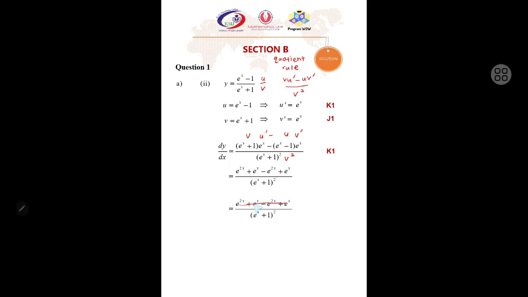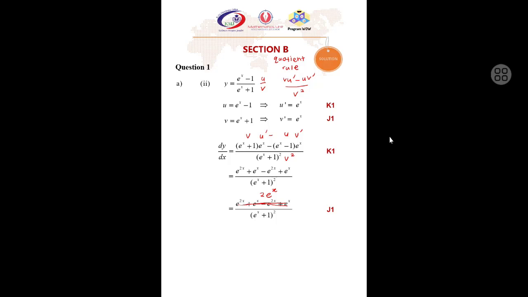Let me correct the answer. So e^(2x) minus e^(2x) cancel out, you will get 0. So e^x plus e^x, you will get 2e^x over (e^x plus 1) squared. So that is your G1. There is a correction in the answer scheme, so that is the answer.